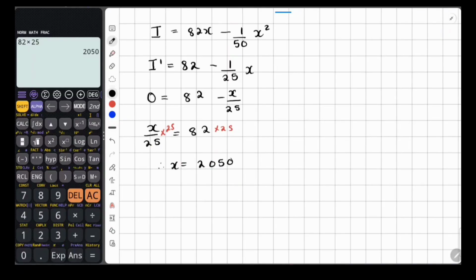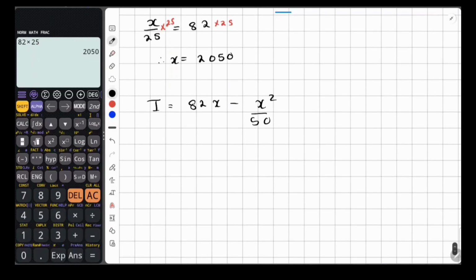So remember, the income formula looks like this. And now we're just going to find out what exactly that maximum amount is. So I is equal to, in place of x, because this is the x value belonging to the maximum value, we're putting 82 and then in place of x, 2050 minus 2050 all squared, over 50.